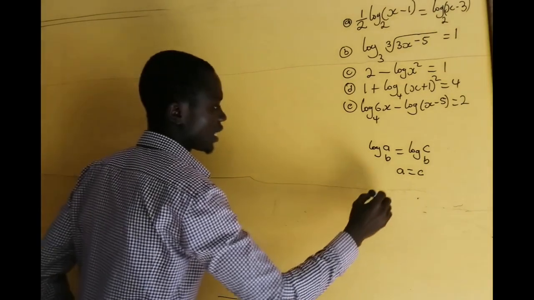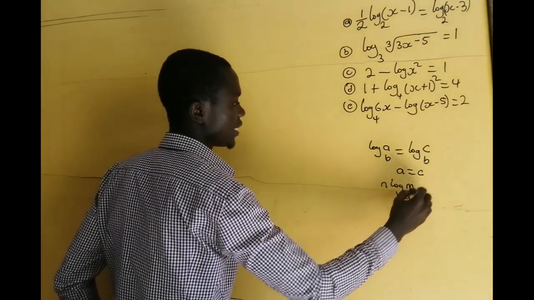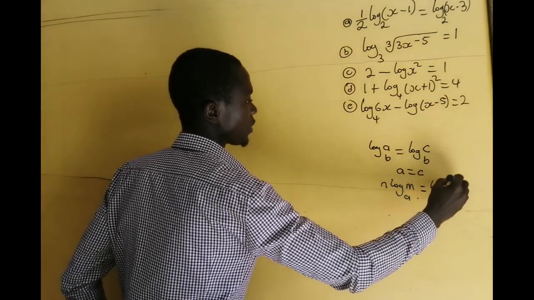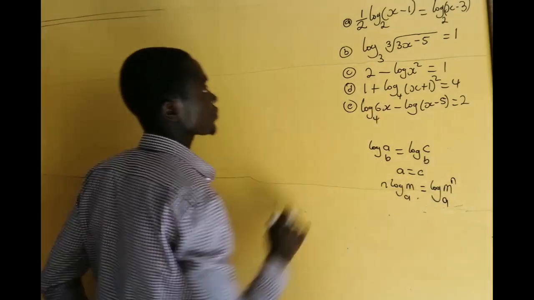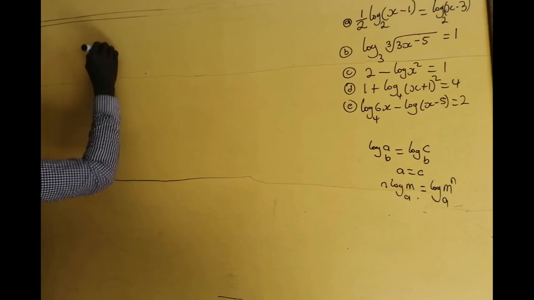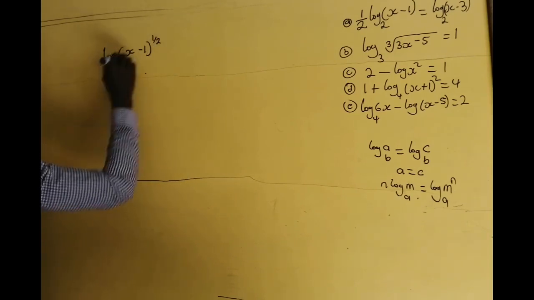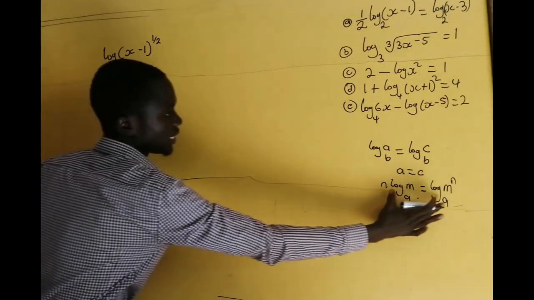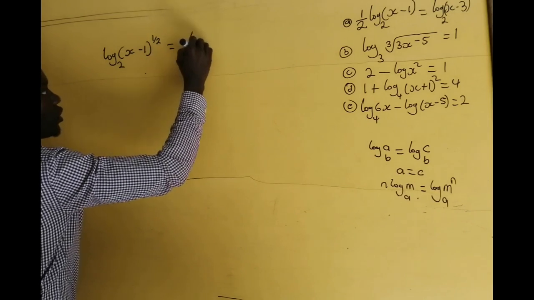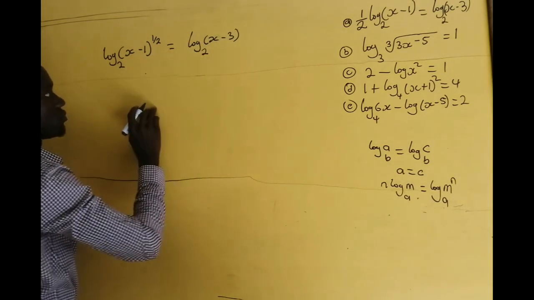And if you have n log m base a, it is equal to log m to the power n base a. So here, we are going to write this as log (x minus 1) to the power half base 2, equal to log (x minus 3) base 2.